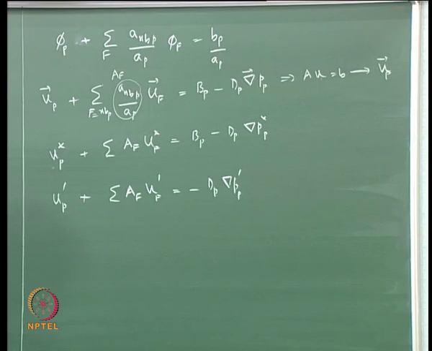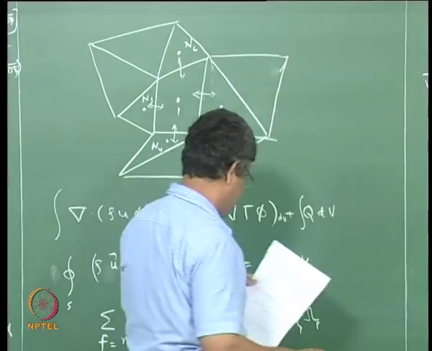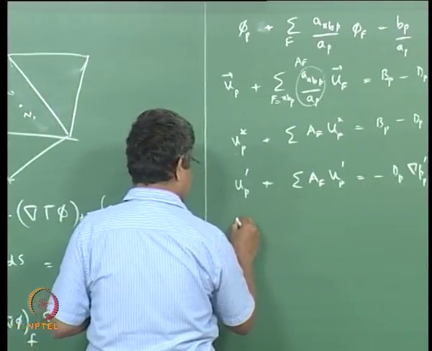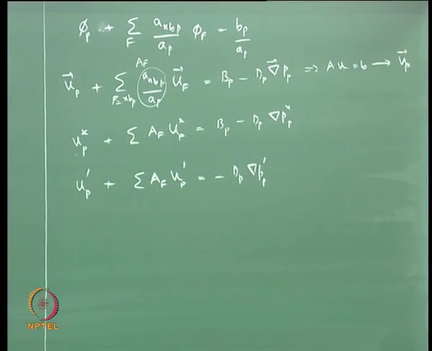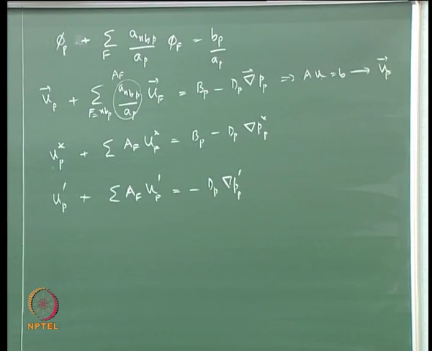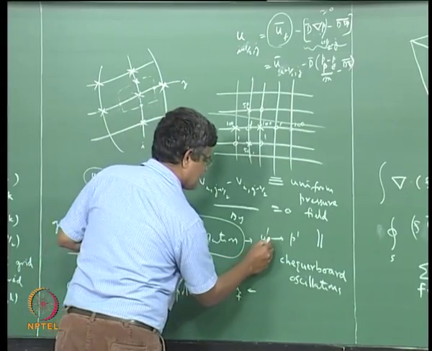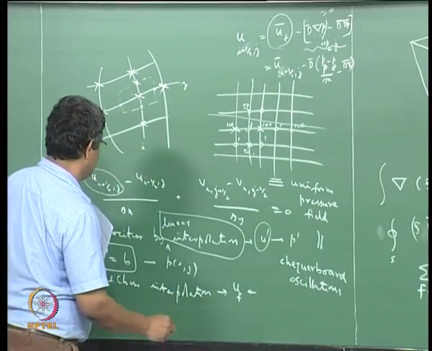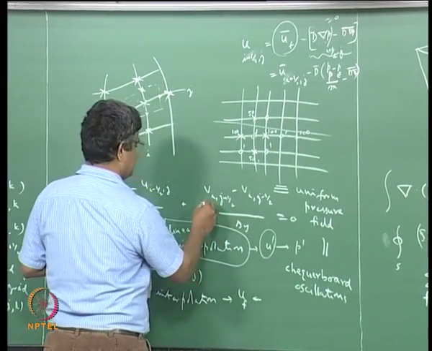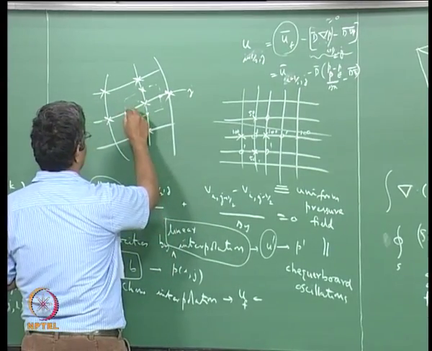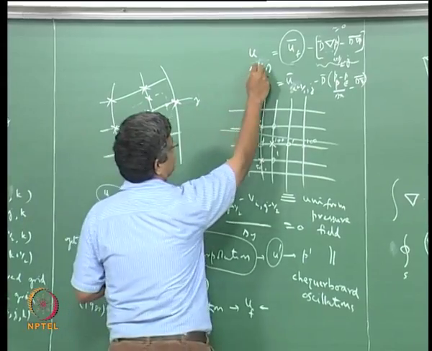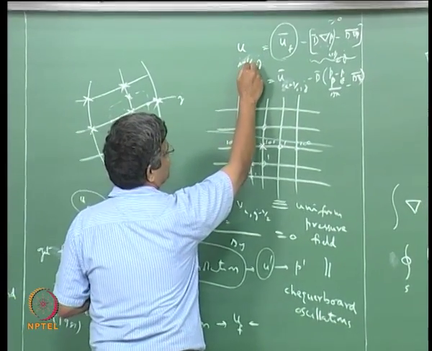So this equation is also applicable at the faces. What we want to have is an estimate for the velocity corrections here. So we need to have a proper interpolated velocity at the face value.